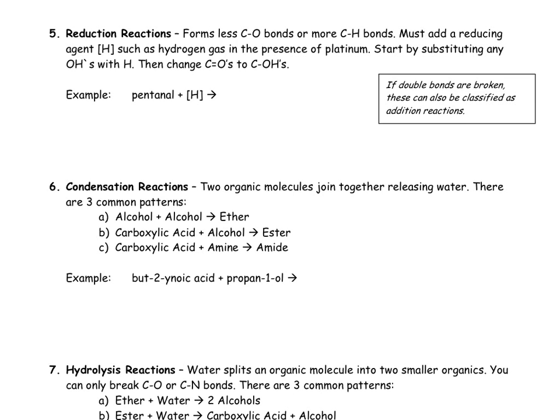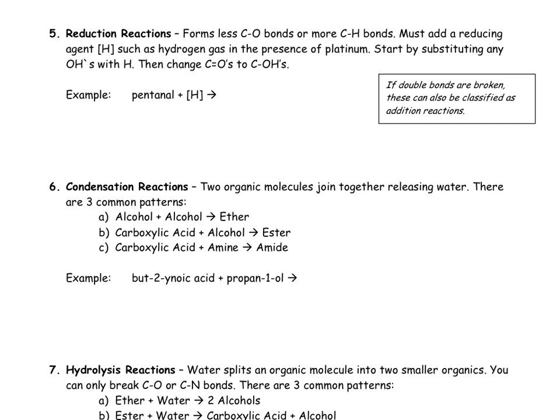For reduction reactions, my product is going to have less CO bonds or more CH bonds than my original reactants. Again, you're going to recognize this because you're going to have a plus H in square brackets. That doesn't necessarily mean we're adding hydrogen. It's code for a reducing agent. Although we can add hydrogen gas as one of these reducing agents, there's many different kinds.